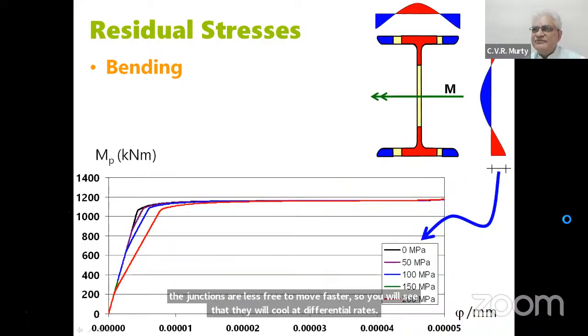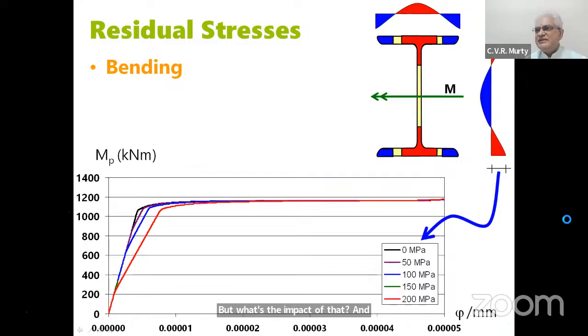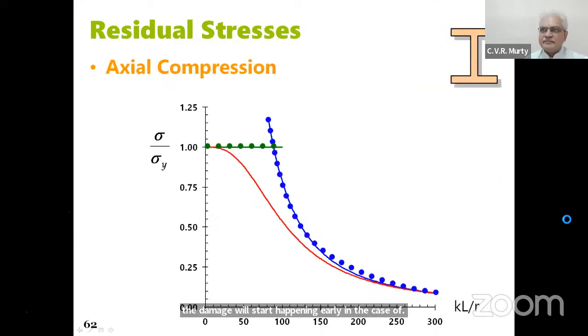But what's the impact of that on moment capacity? As you can see, the higher the residual stress, the earlier the yielding of the member. And yielding is very crucial for us. If you remember, we talked about ductility. The damage will start happening early in the case of high residual stresses.